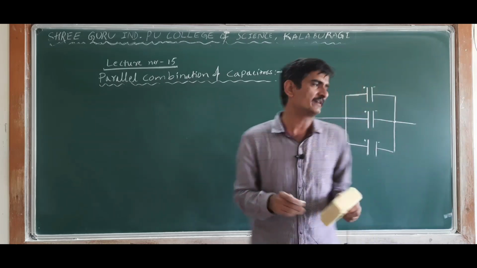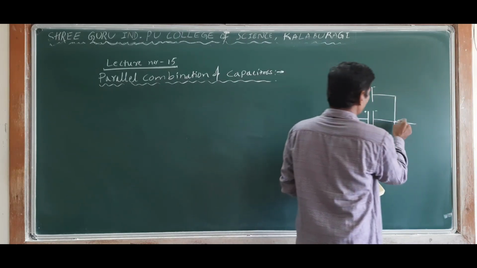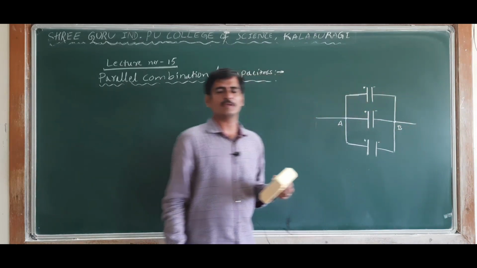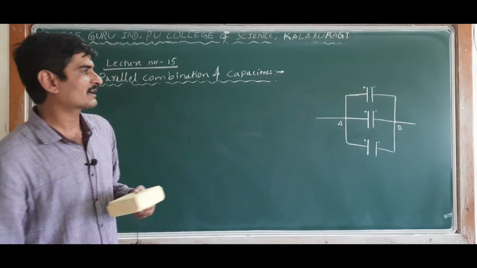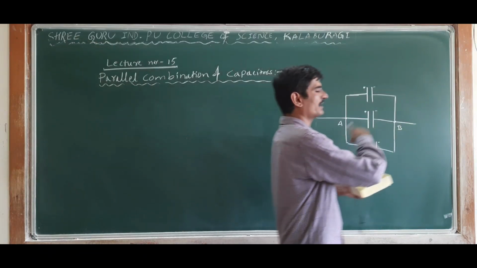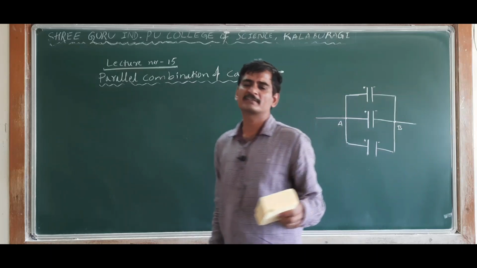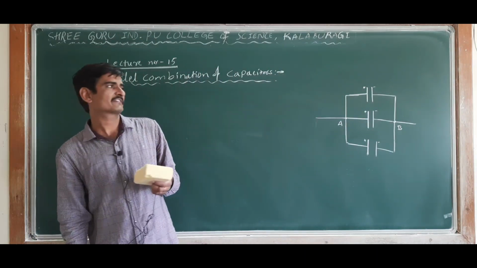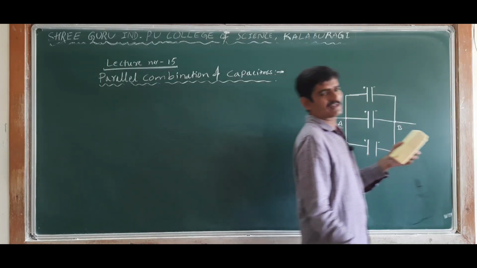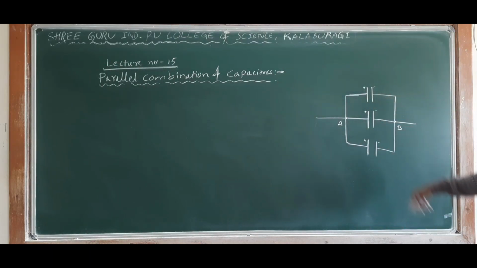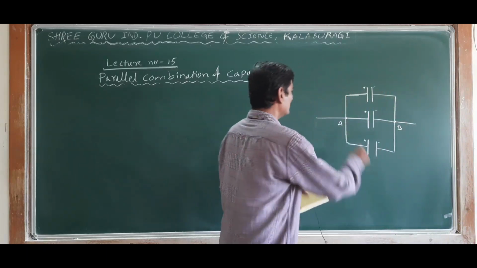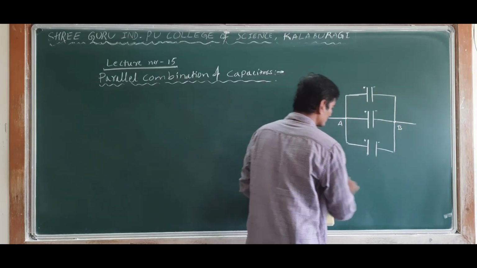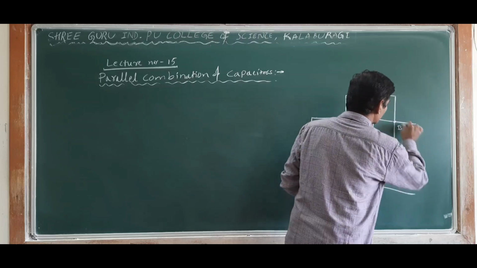This is one common point, I will say this as A, and this is another common point, I will say it as B. Then all these capacitors are said to be connected in a parallel combination. So this is called a parallel combination of capacitors.